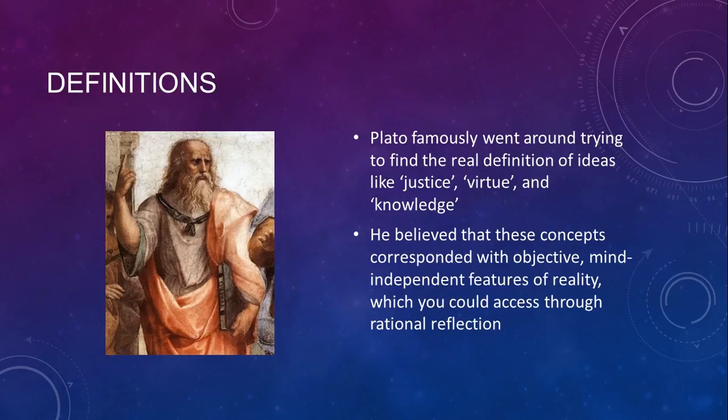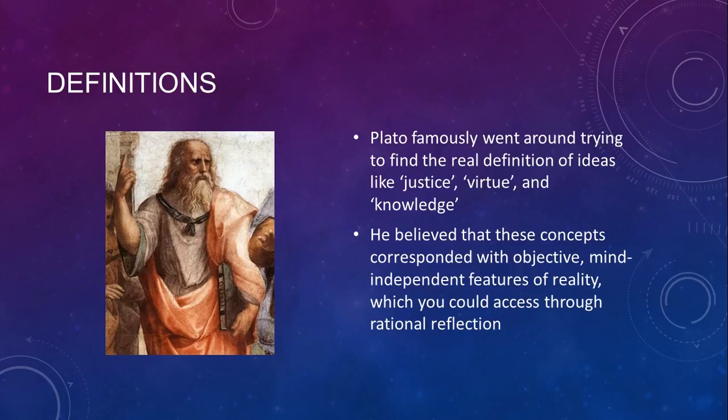Plato famously went around, like at the origins of the Western tradition of philosophy, trying to find the real definitions of words like virtue and justice and knowledge, courage. He believed that those concepts corresponded with objective, mind-independent features of reality, right?